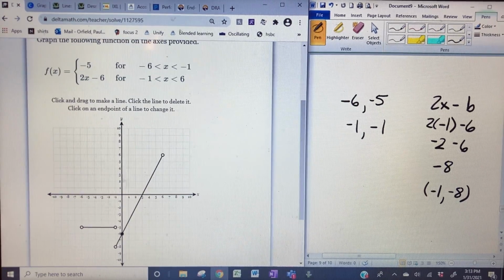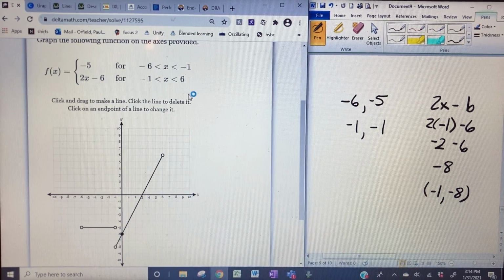All right, so we have a positive slope of 2 starting at a y-intercept of -6. So there's a y-intercept of -6, and it's increasing, going up 2 over 1. So that slope is done correctly between the values of -1 and 6. And this one is -5 between the values of -6 and -1, but not including those numbers because, again, those were open.